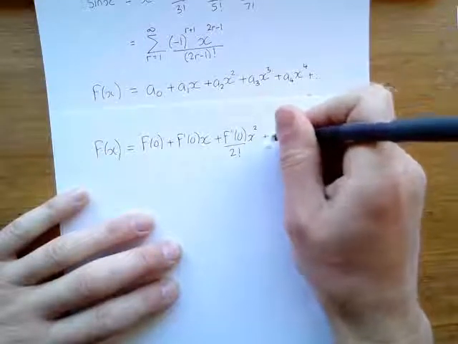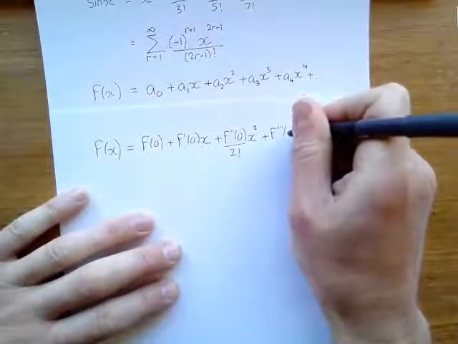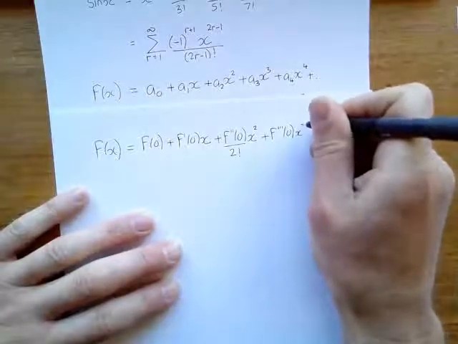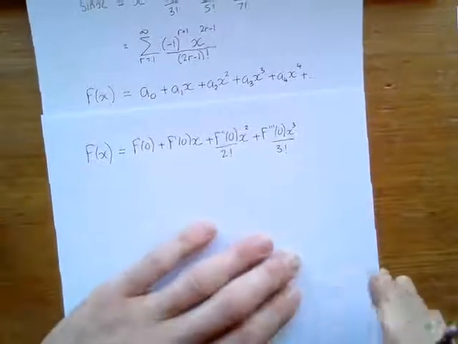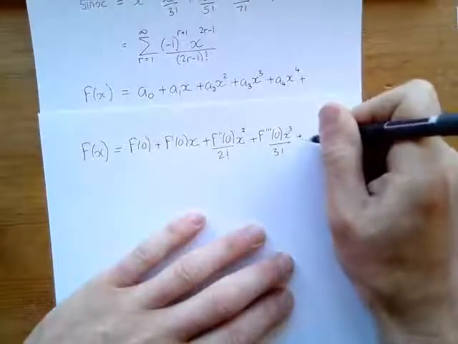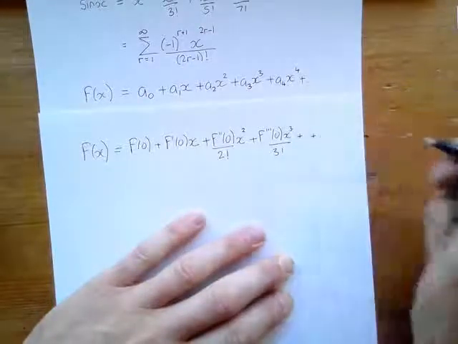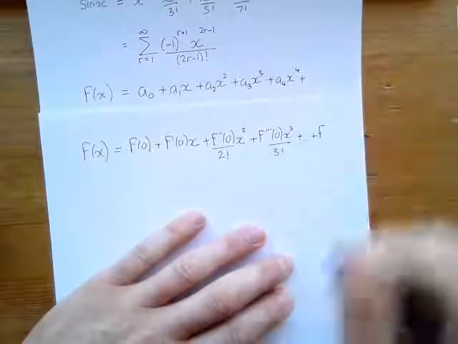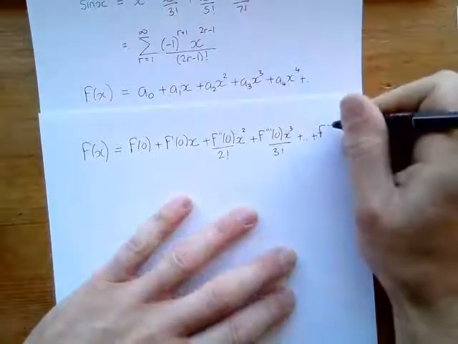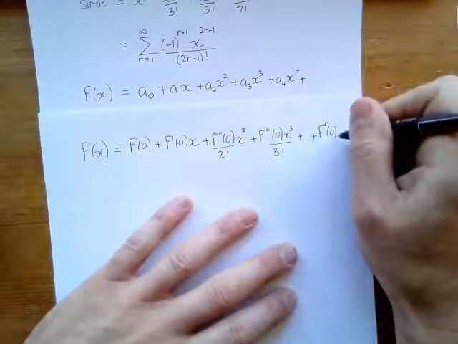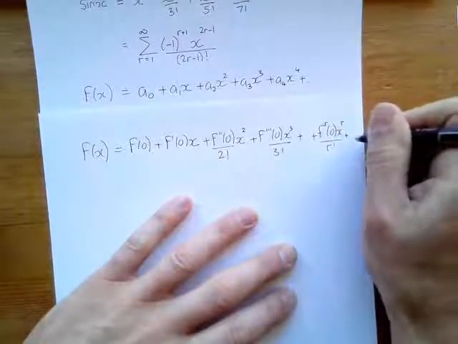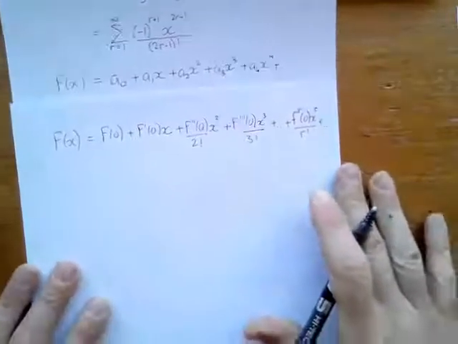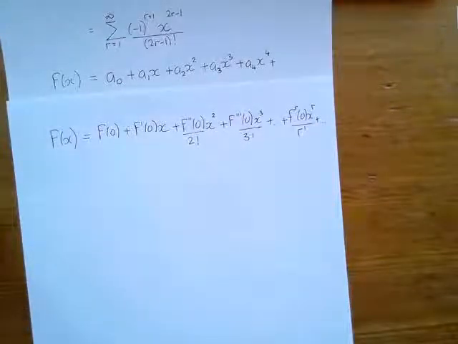And then the next one was f triple dash 0 x cubed over 3 factorial. And I've run out of space here, so I won't bother with x4. I'll just say that in general, you get a term which would be f r of 0 x to the r over r factorial. And this would kind of keep going on forever and ever and ever.